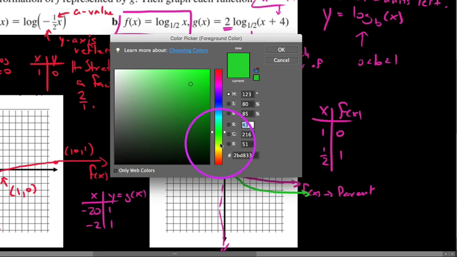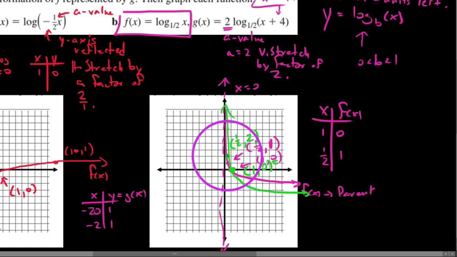That's a kind of brownish orange. We'll go up to (1/2, 6). Now this point (1, 0) would go up 4 units, 1, 2, 3, 4. And so this would become the point (1, 4).